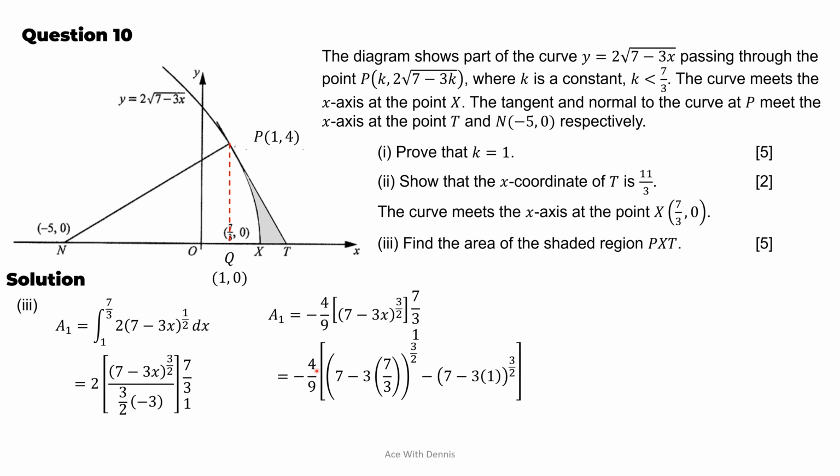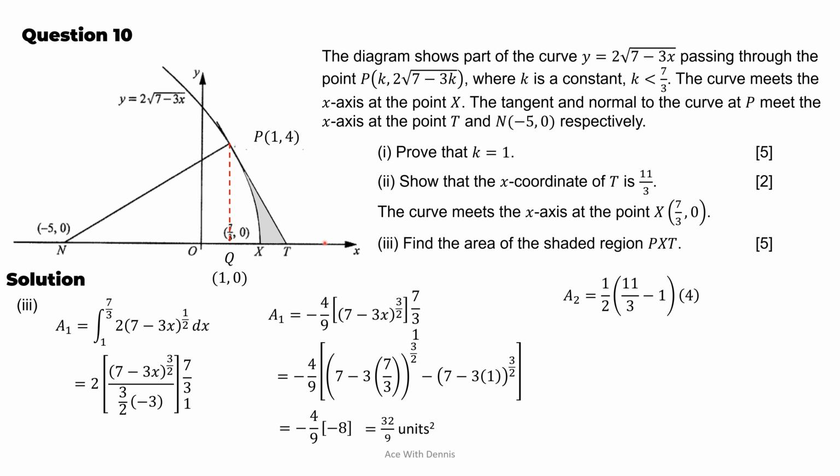So this is what we get, negative 4 over 9 bracket (7 minus 3 times 7 over 3) to the power of 3 over 2, minus (7 minus 3 times 1) to the power of 3 over 2. Notice that the first bracket we will get 0. Hence, the value inside this big bracket will be negative 4 over 9 times negative 8. And we get the value is 32 over 9 units squared.